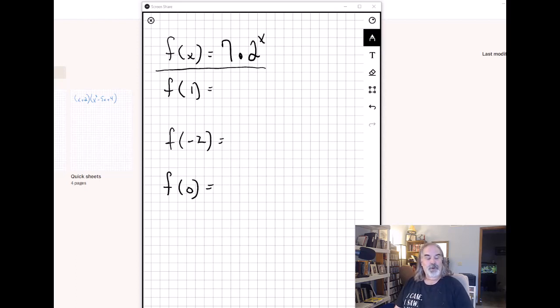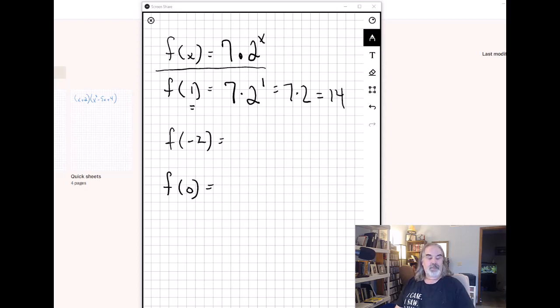Okay, so we're going to look at some values of this function for different values of x, and this works the same way it always does, which is that x marks the spot. And so if you're asked for f of 1, you go plop 1 into the place that used to be x. So f of 1 is 7 times 2 to the first, which is just 7 times 2, and that's 14.